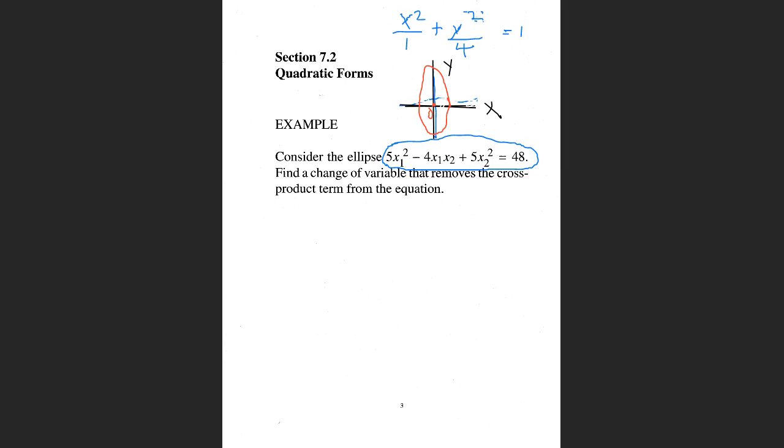And what's the x-intercept going to be based on this equation for the ellipse? This ellipse is in standard form. Of course, we focus on the 1 to determine the x-intercepts.